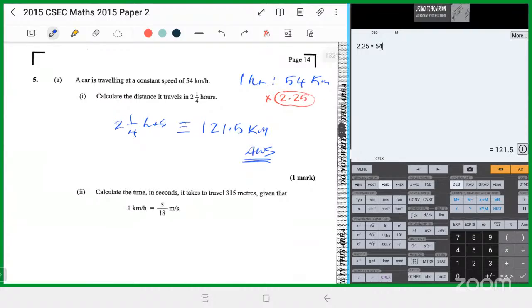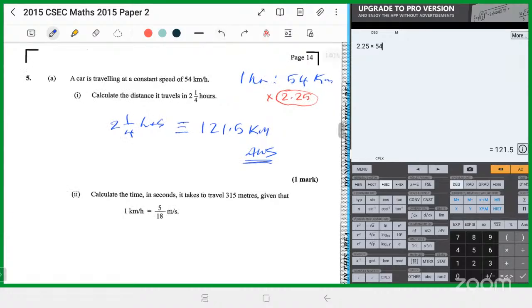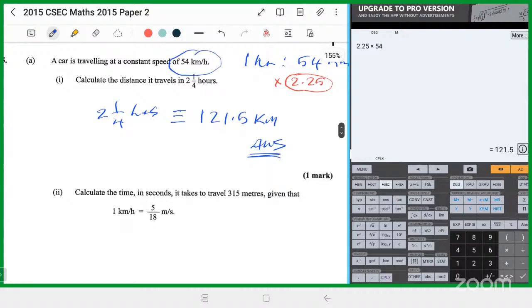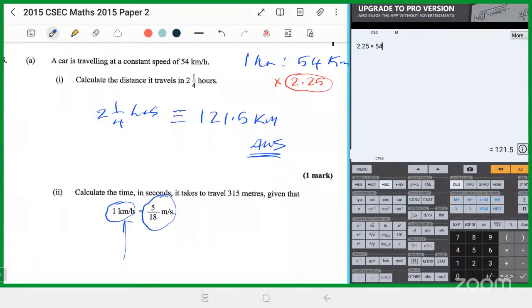We can break it down into meters and seconds, but we can simply work from what they said here. The speed of the car was 54 kilometers per hour, and they are telling us that 1 kilometer per hour is the same as 5/18 meters per second.